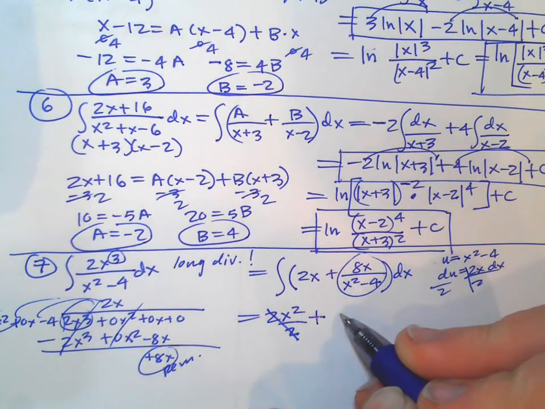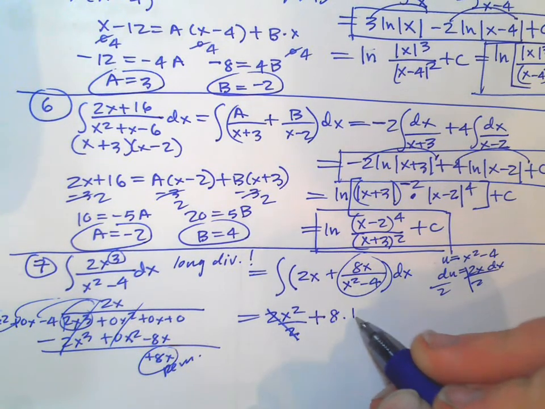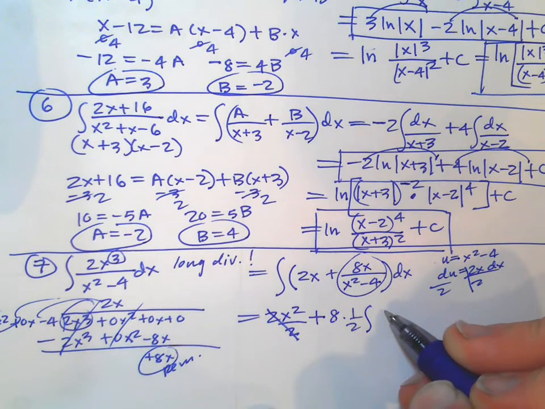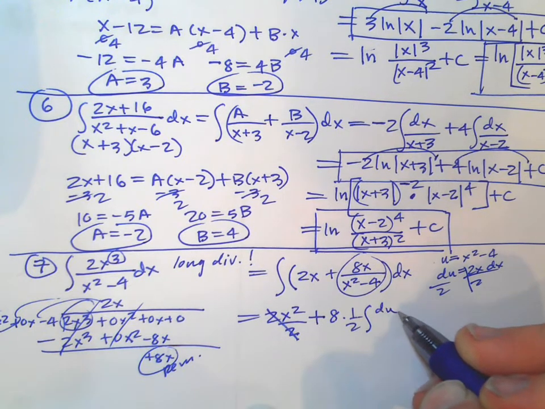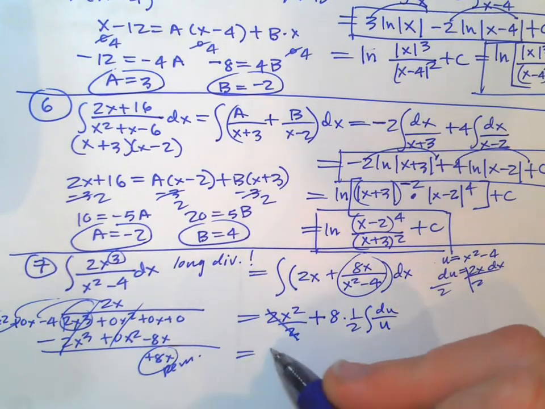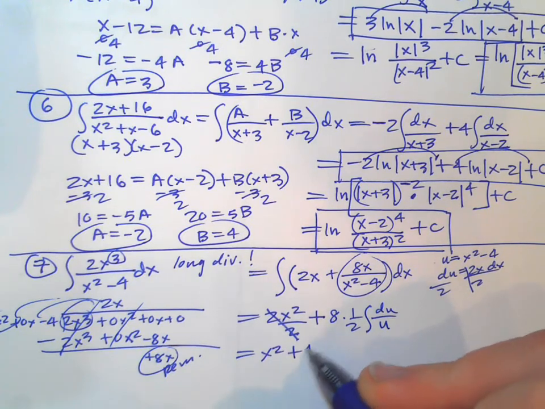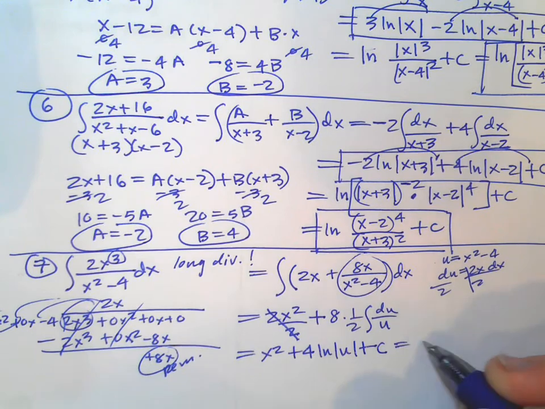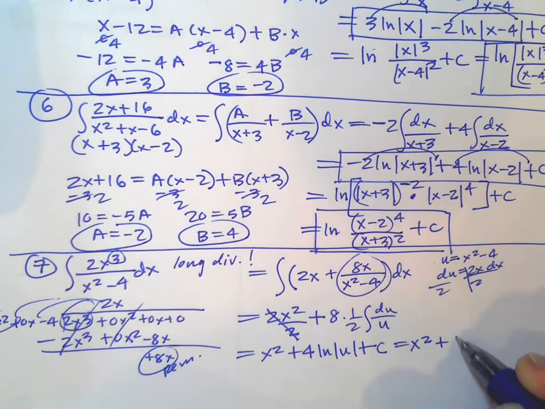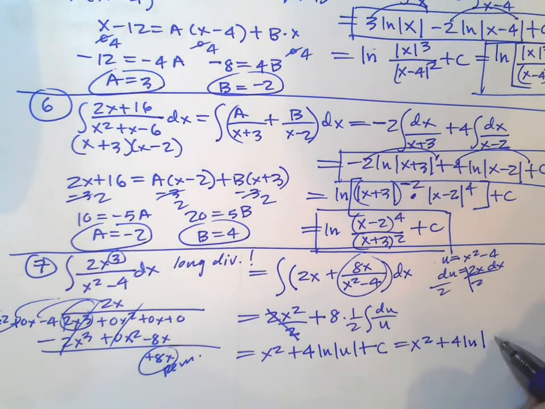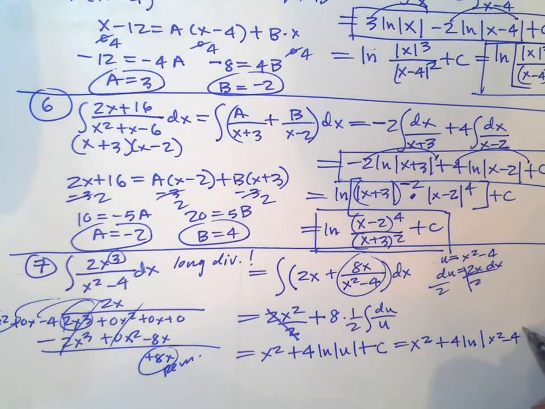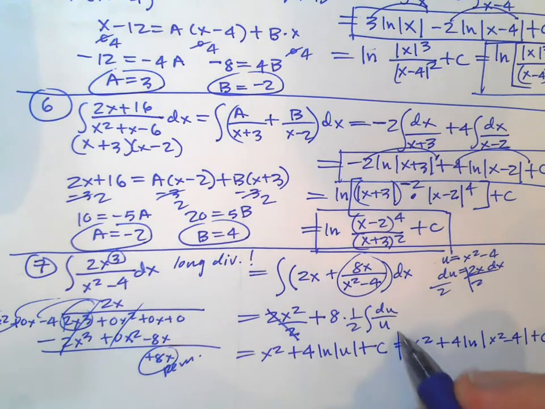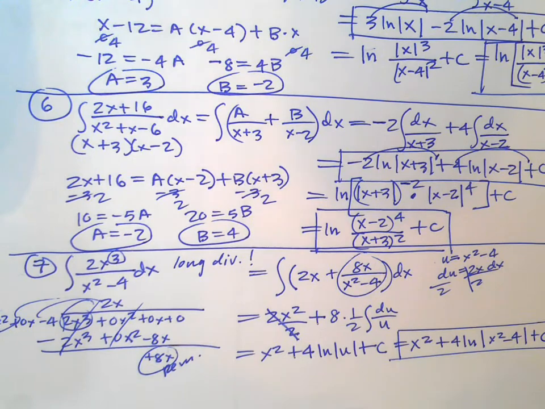Plus, we have an 8 and a 1/2, and it's going to be du over u. So that's going to be x squared plus 4 natural log of the absolute value of u plus C, which gives you x squared plus 4 natural log of the absolute value of x squared minus 4. Need the absolute values, can't get rid of them this time, and that would be your answer.